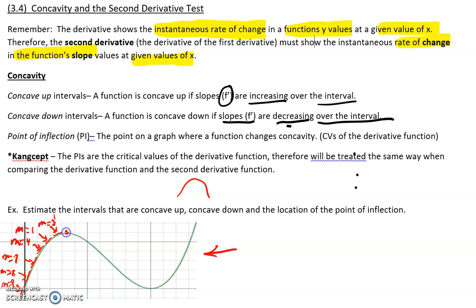We know that at a relative max the slope has to be 0. Coming down, the slope would be negative a half. Here the slope might be negative 2, and so on, correct? So as you can see, over this concave part of the graph, aren't my slopes getting smaller and smaller and smaller?